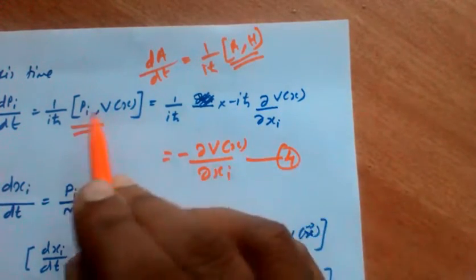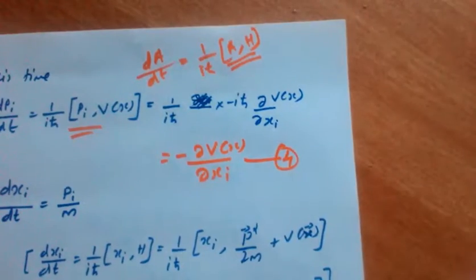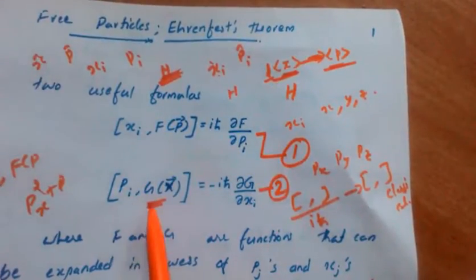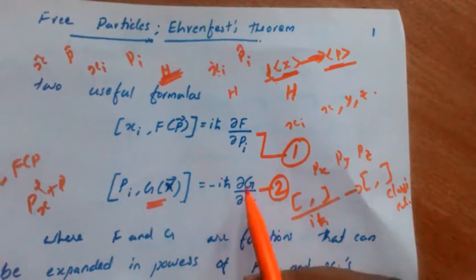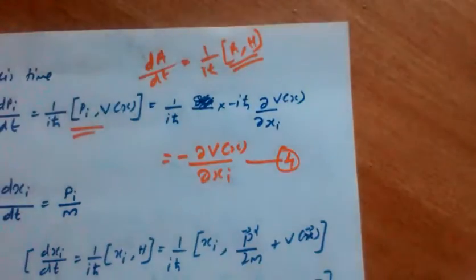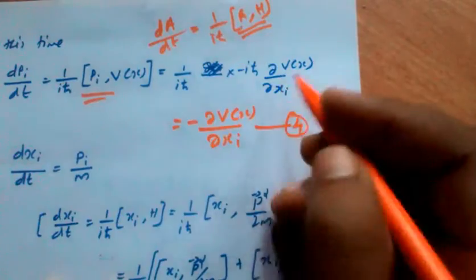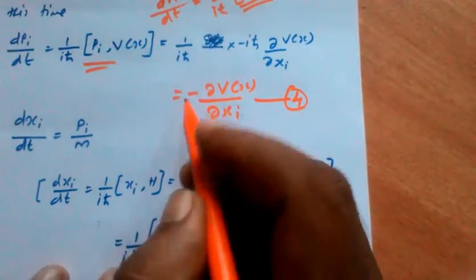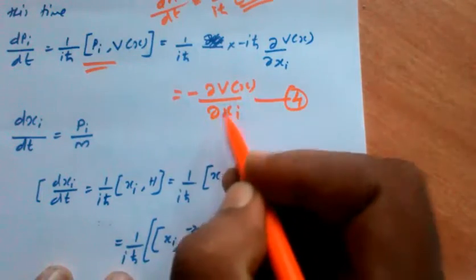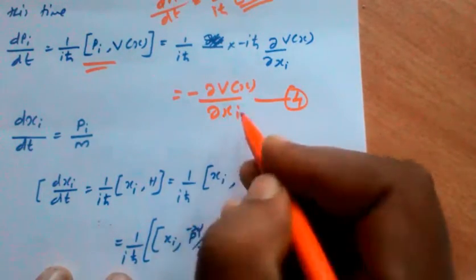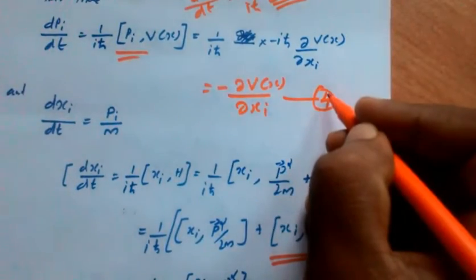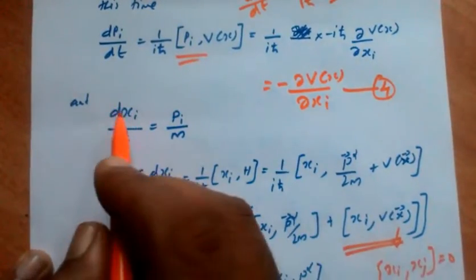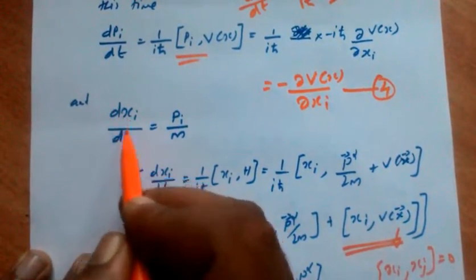Equation 2 was this one: the commutator of pi and g of x equals minus i h cross dou g by dou xi. That i h cross will get cancelled and we get minus dou V over dou xi. Let me put this as equation 4.